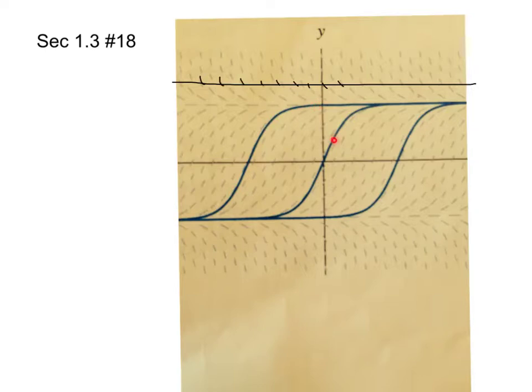Here is another solution curve, and notice that this is simply a horizontal translation. This point is translated to here, this point is translated to here, this point is translated to here, and that translation is the same distance every time. As I go from here over, that distance, d, let's say, will be the same distance as I go from here over.